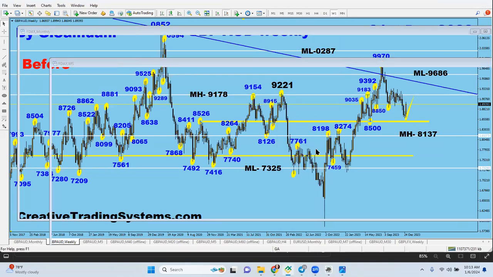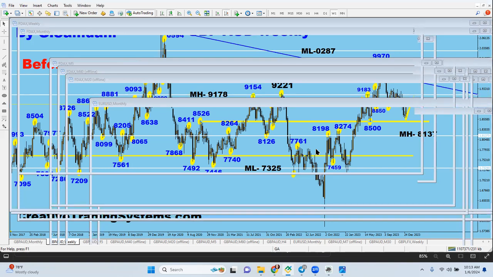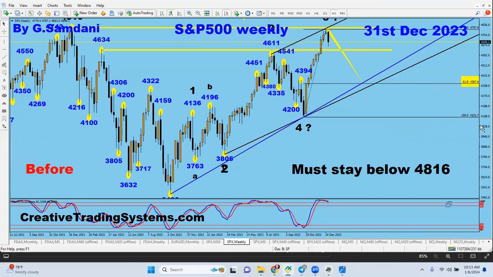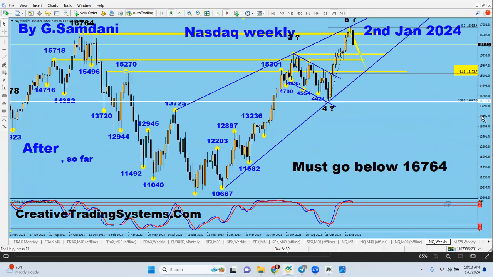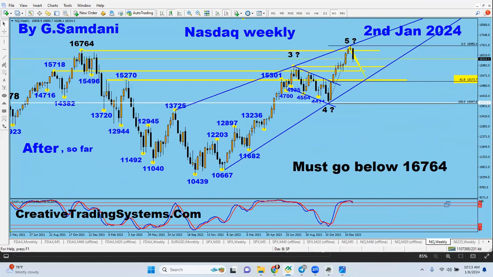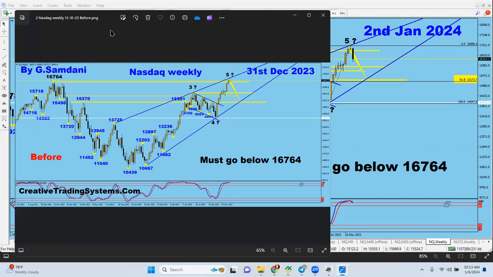Now, I made the chart over the weekend, December 31st, and you can clearly see that it started to go down. Look at that. Okay, this is Nasdaq. Oh, this is S&P 500, by the way. This is Nasdaq. You see that? So that's the chart I made. Look, this is the chart, right?